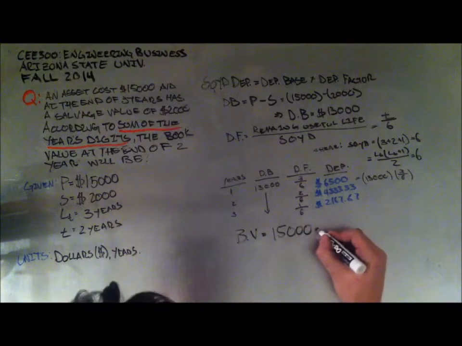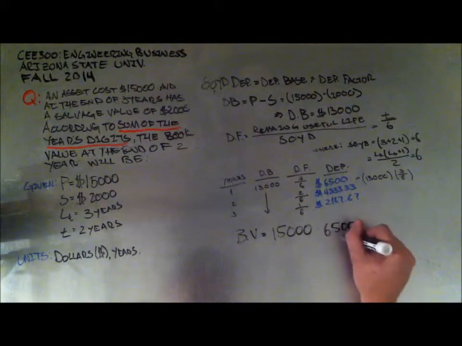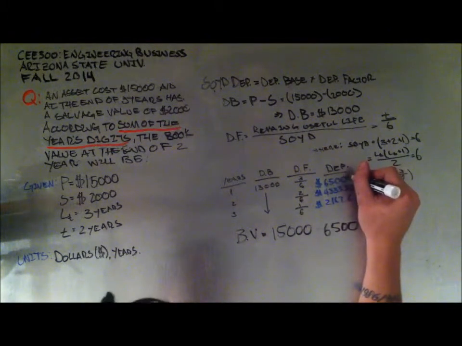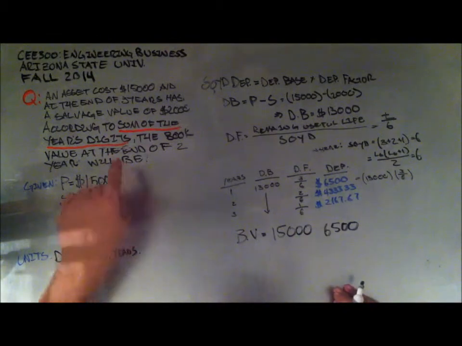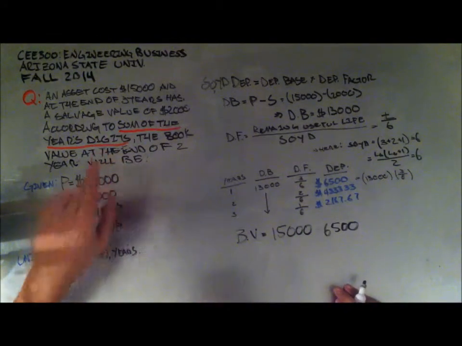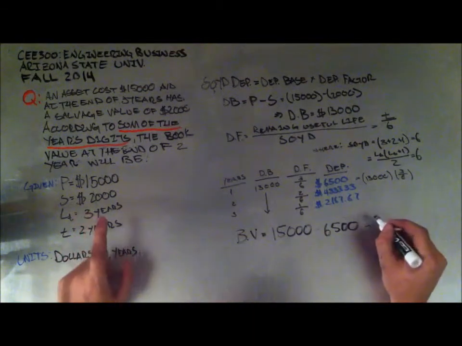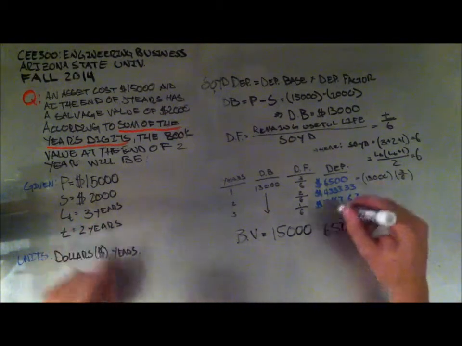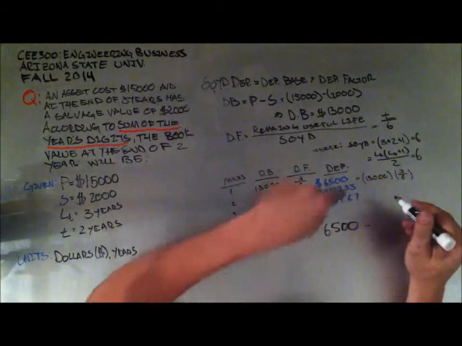So through the first year it will depreciate $6,500. And we get this from how we calculated up here. Now it asks us to calculate what the book value will be at the end of 2 years. So we need one more year of depreciation, one more period of depreciation. And that will depreciate $4,333.33 as shown up here.